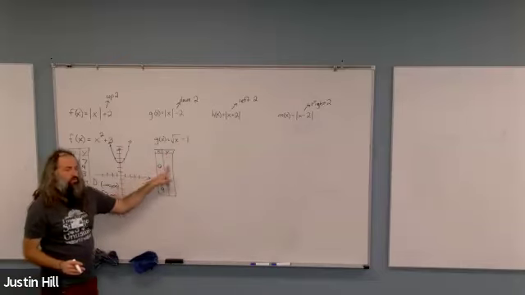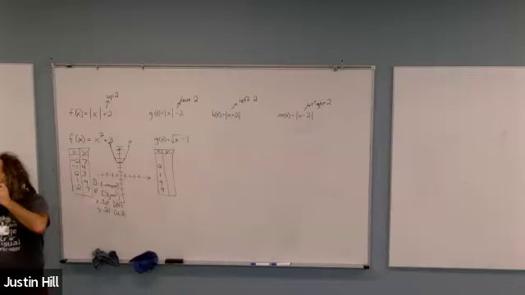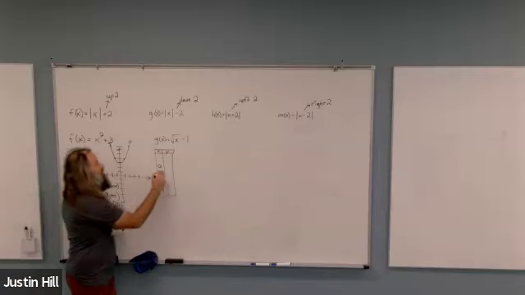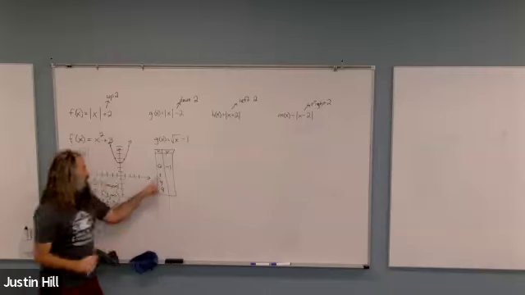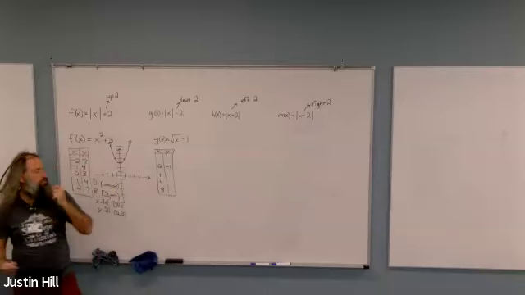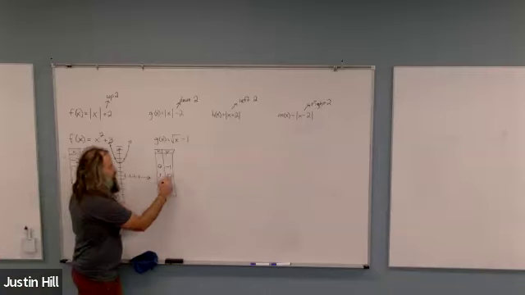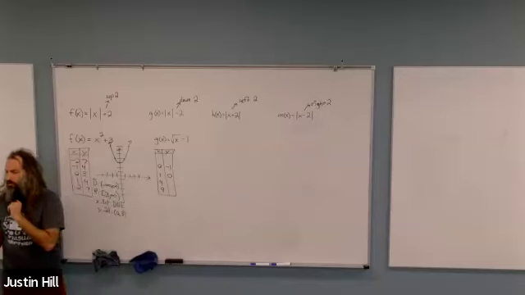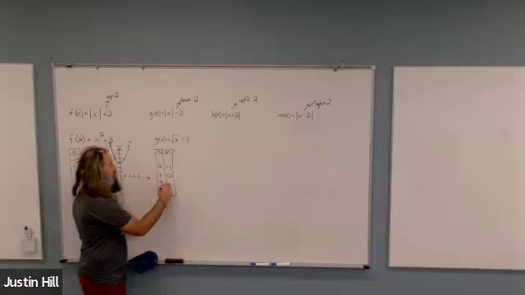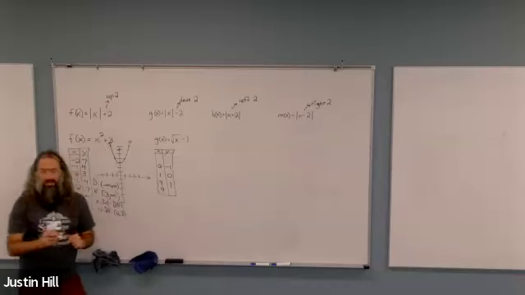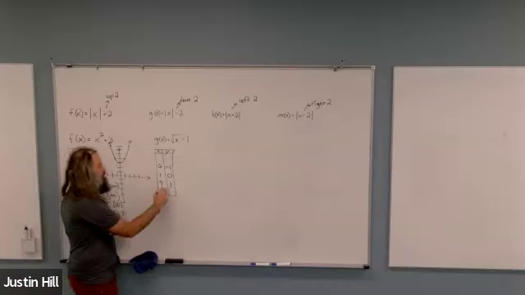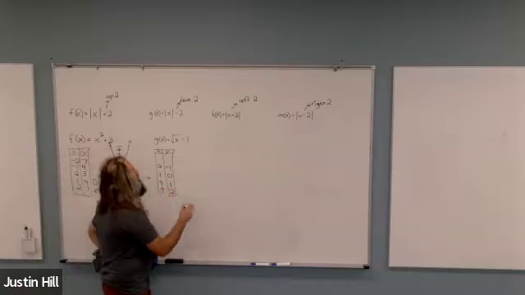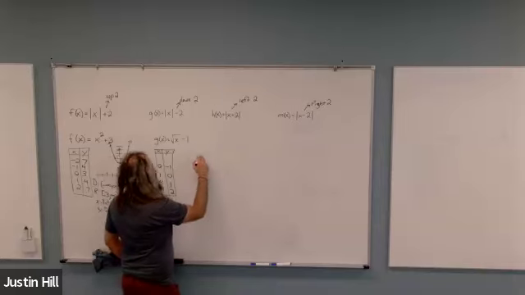So when y'all plugged in 0, what did you get? -1. Yes, that's gonna be -1, good. What about 1? 0. 0, good. What about 4? 1. Yes. 4 is gonna give you 1, and then 9 is gonna give you 2. And let's graph it and see what it looks like.